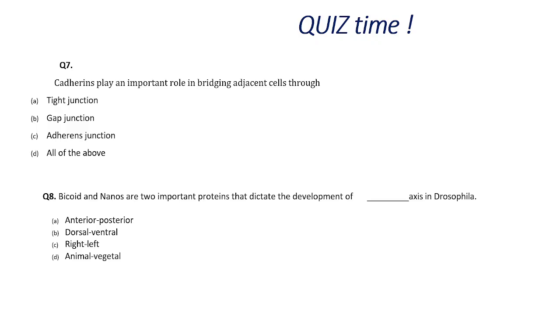Mostly in the adherens junction, they are calcium-dependent proteins that mediate the bridging of one cell to another, forming a bridge between the adjacent cells. So tight junctions primarily function as a seal to prevent the passage of molecules between the cells, while gap junctions form channels for communication.